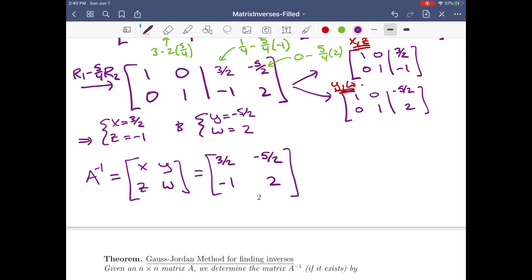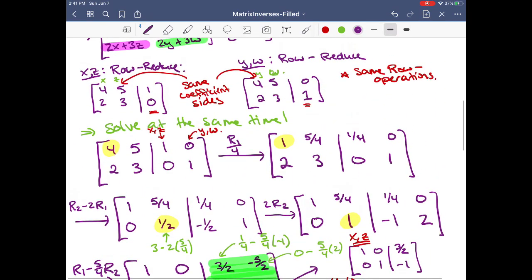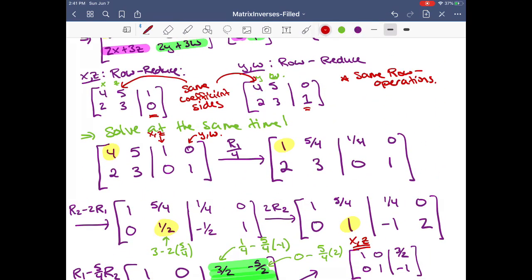Where have I seen that before? Okay, notice this matrix here is what we ended with on this side. So this is actually our sort of shortcut method. So we can ignore all the X, Y, Z, W's. What we actually did was we put the matrix that we wanted to find the inverse of.